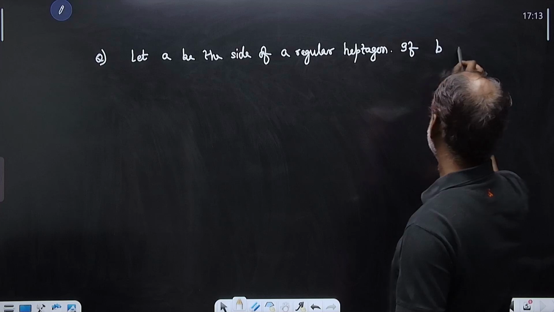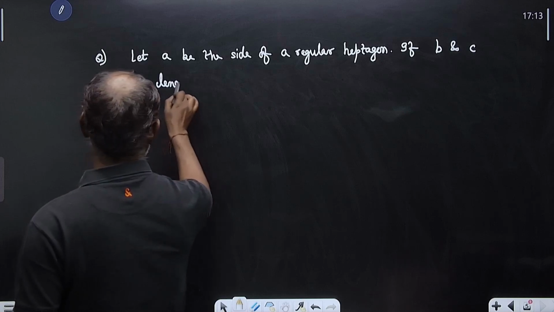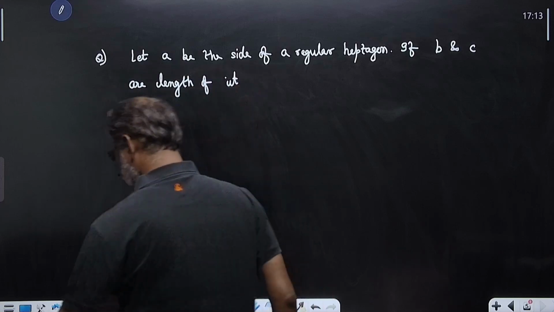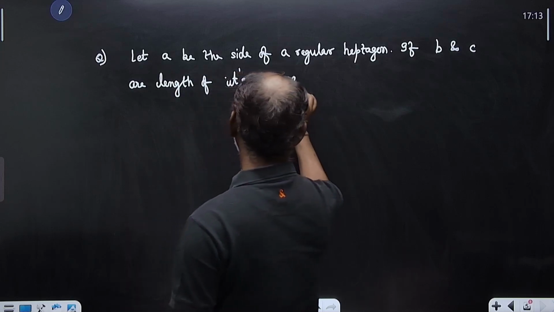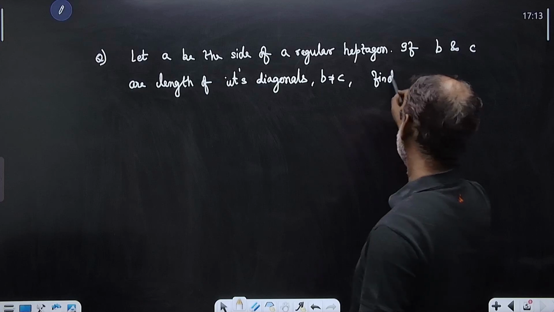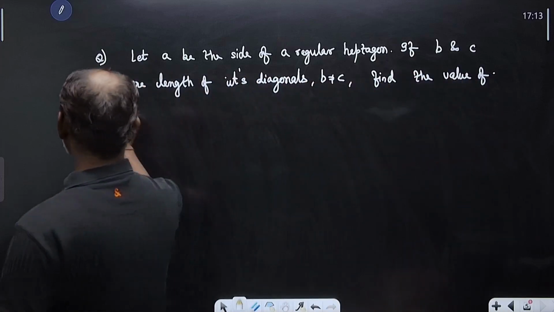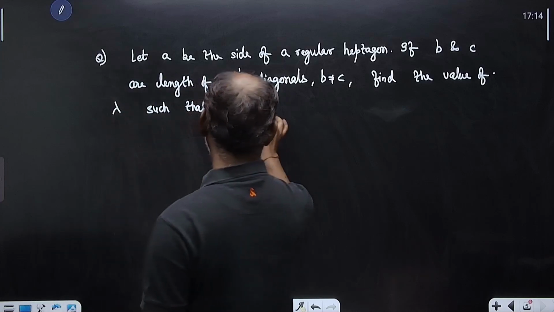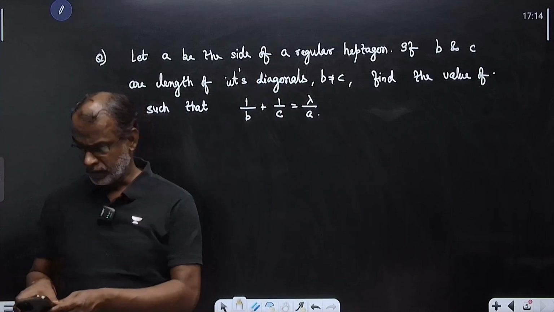If b and c are the lengths of its diagonals, b not equal to c, find the value of lambda such that 1 by b plus 1 by c equals lambda by a. Okay. Can you think about it?